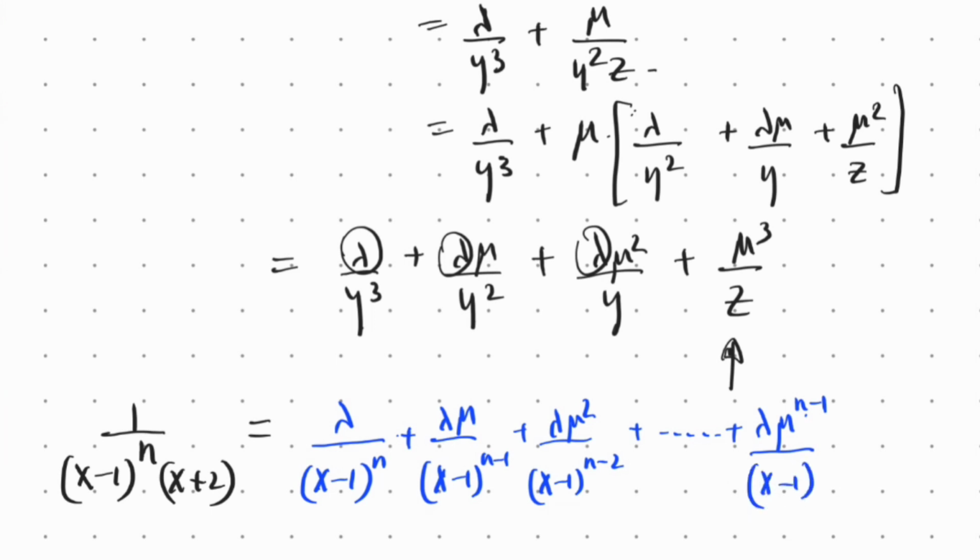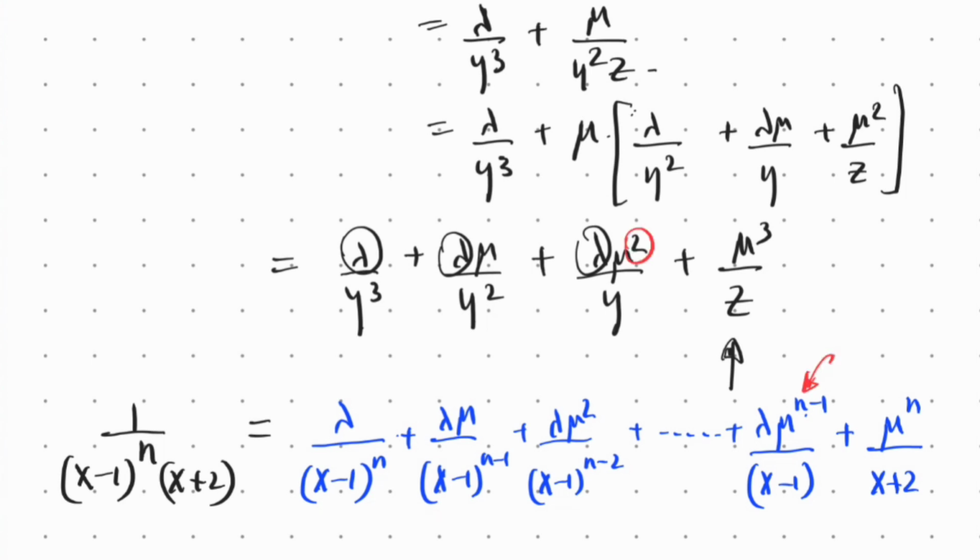Okay, if you look carefully, you will understand this. Then we're going to have a mu raised to the power n divided by x plus 2. Try to carefully look at this and see if this actually works, and try to understand why this is n minus 1.